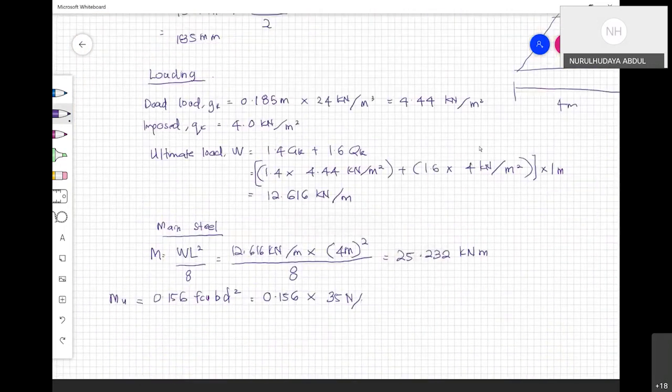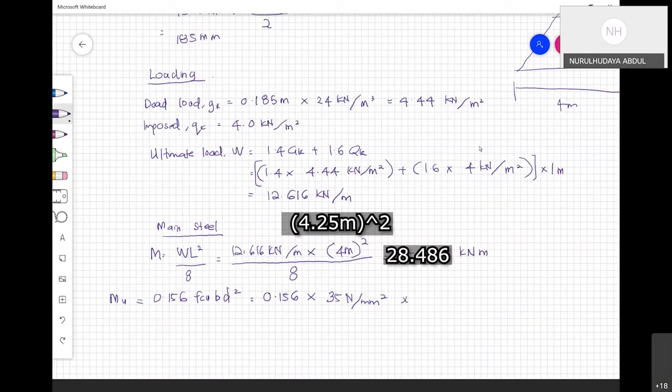Okay. And kita times B, kita tahu kita kira untuk setiap 1 meter jadi B memang sentiasalah 1000 mm atau 1 meter. And then D kita adalah 155, pakai je apa yang dibagi oleh soalan. Kalau soalan tak bagi awak baru awak kira D min. Kalau soalan dah bagi tak payah kira lagi pakai je.